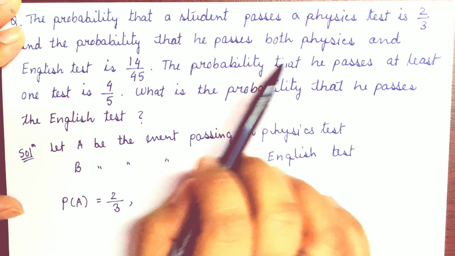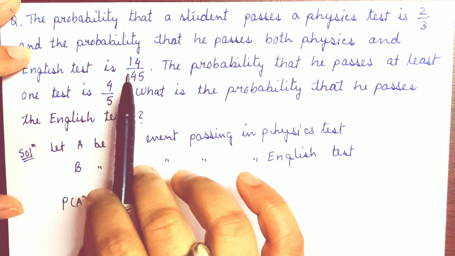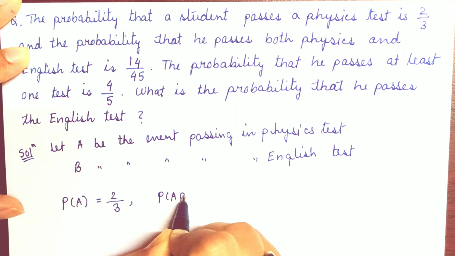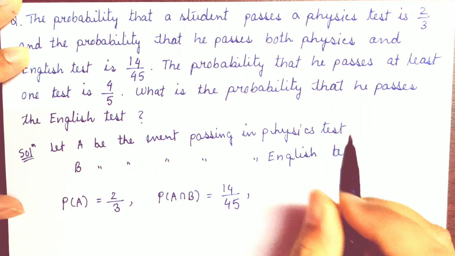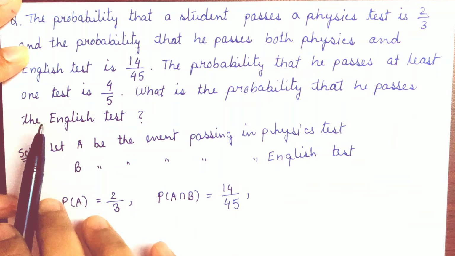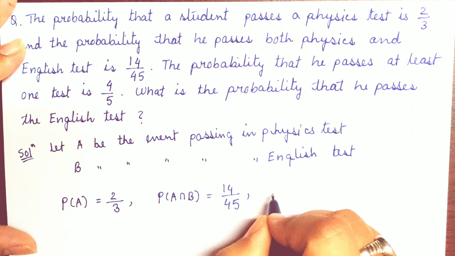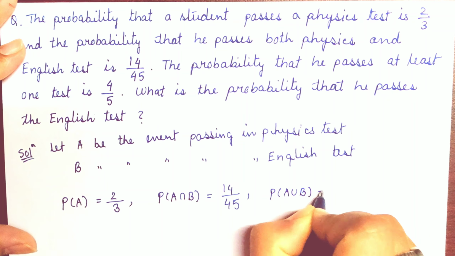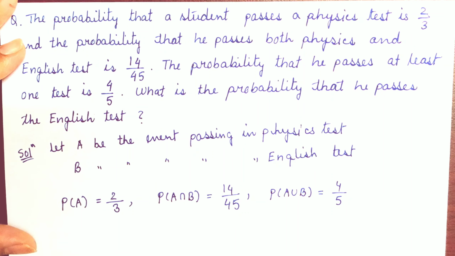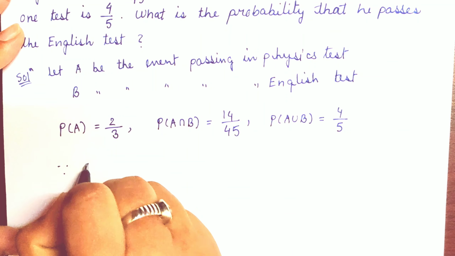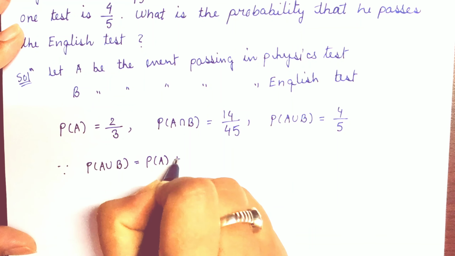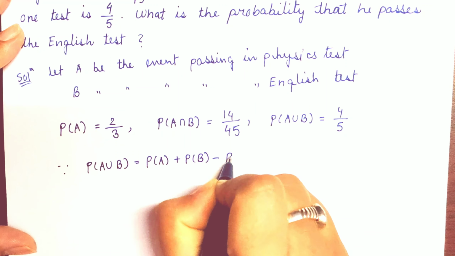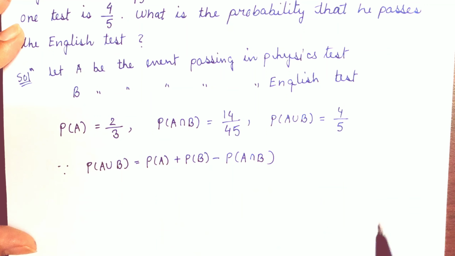Then it is given that he passes both physics and English, that means P(A intersection B) is equal to 14 divided by 45. The probability that he passes at least one test is 4 by 5, so P(A union B) is equal to 4 by 5. Here the formula is P(A union B) is equal to PA plus PB minus P(A intersection B).